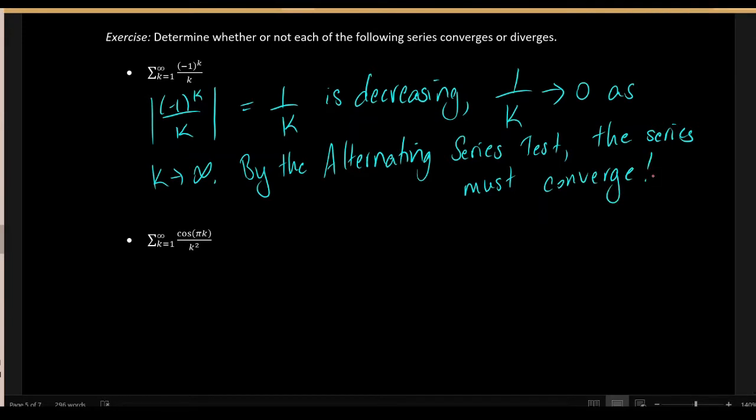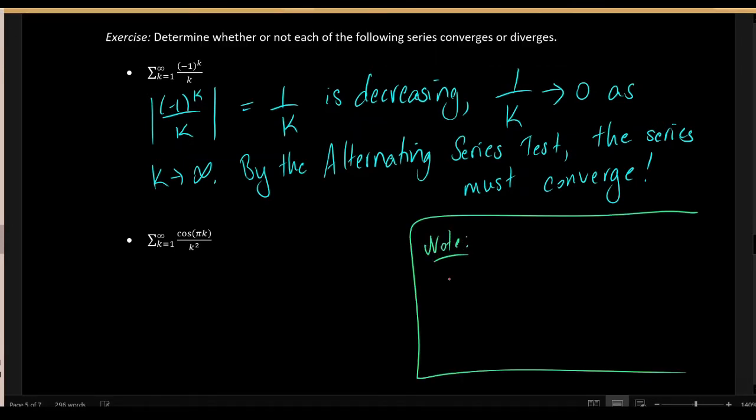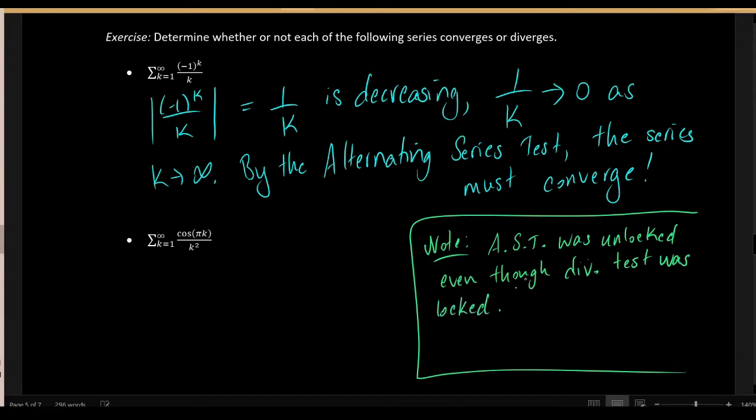I suppose there are a few things worth pointing out about this example. The first thing is that the alternating series test was unlocked even though div test remained locked. So even though div test was not useful at all here and was completely inconclusive in this case, because we specifically had an alternating series, we could use the alternating series test to conclude that this series must converge.